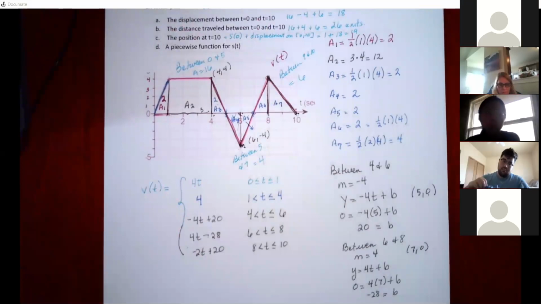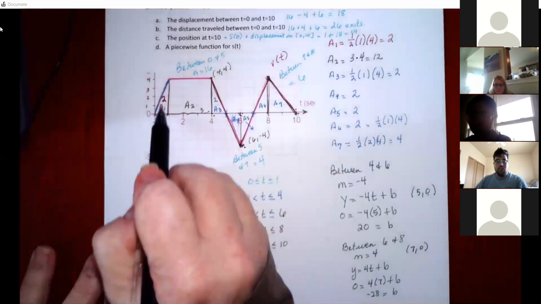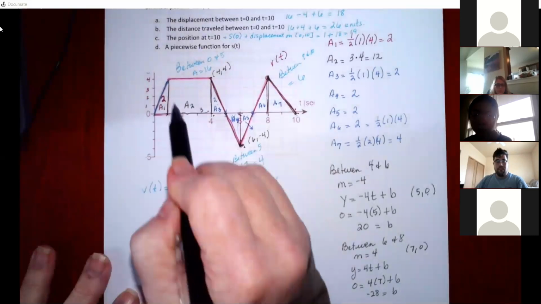So let me see. But if it was the totals, what I did was I just took the area of this triangle and this rectangle and added them together.